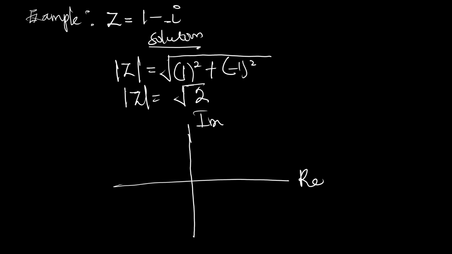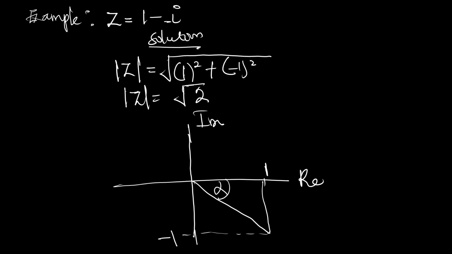We have the positive real axis and the negative imaginary axis. So which quadrant are we going to? The fourth quadrant. So we are coming here. Here is going to be 1. Here is going to be negative 1. We are going to have our angle here.